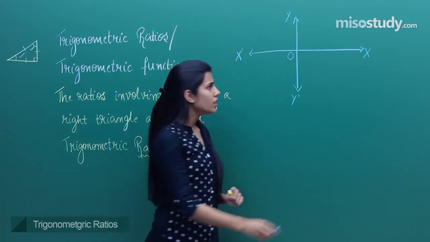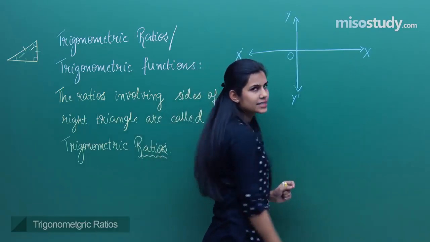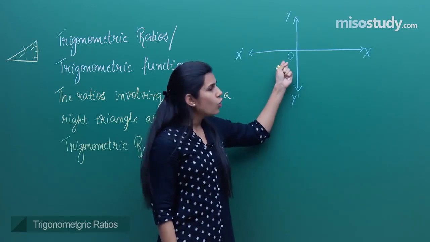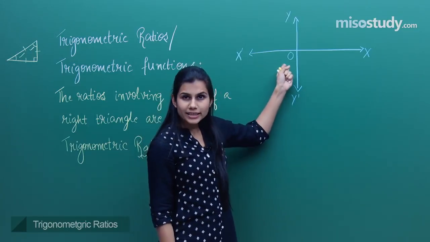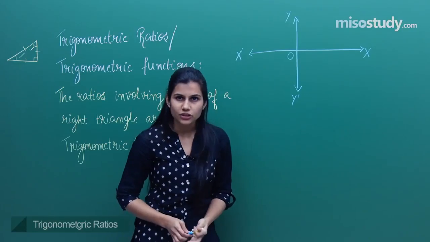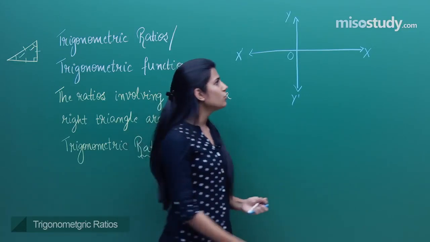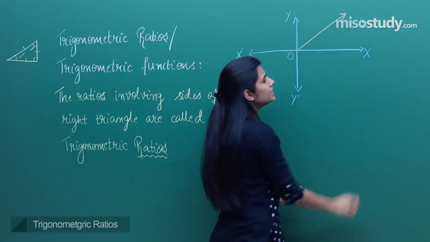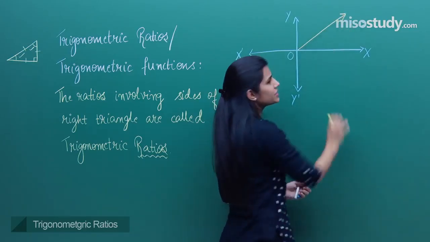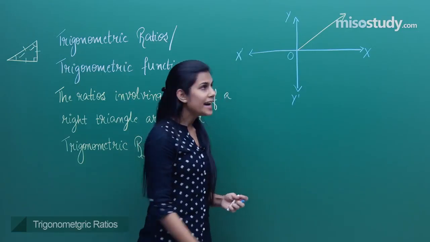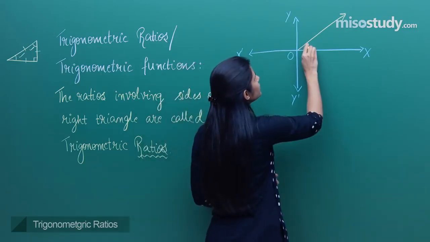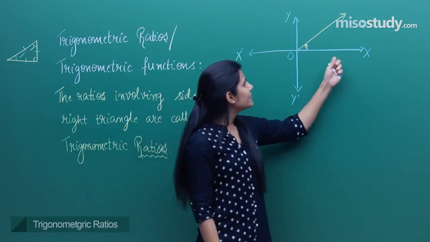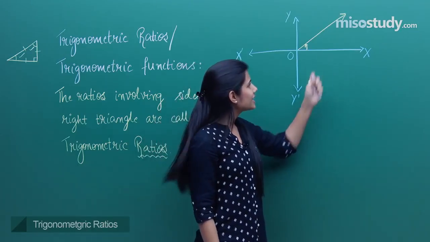Take OX to be your given initial ray and O, the origin, to be the end point about which the rotation will take place. Start rotating and reach a terminal side, say this particular ray.